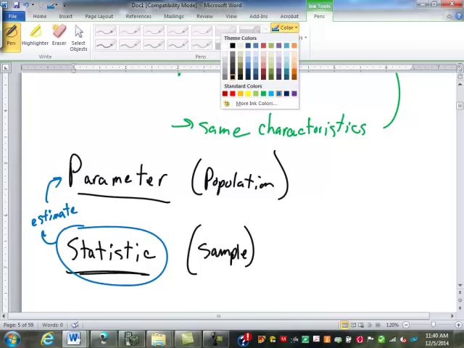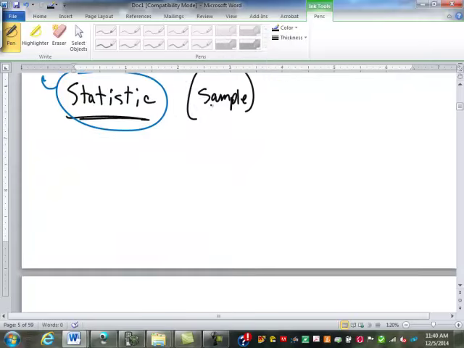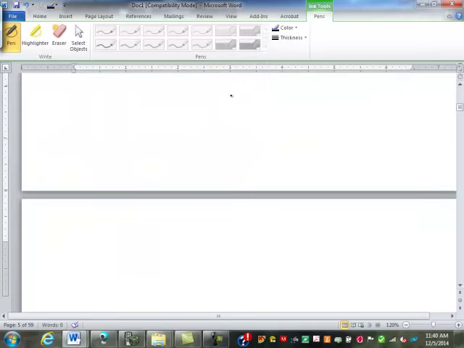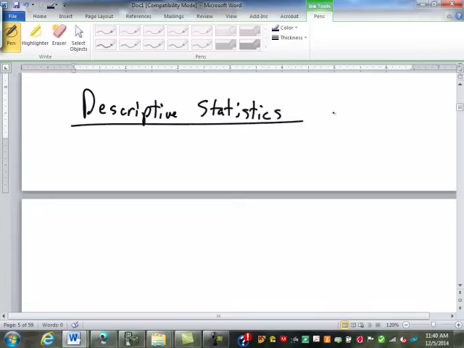So, types of statistics we're going to deal with. What we've been discussing so far goes under the category of pretty much descriptive statistics. Descriptive statistics are just that. You gather the information, use those statistics to describe the population.